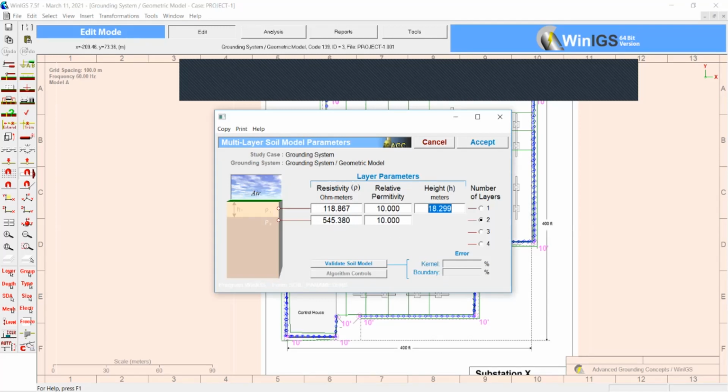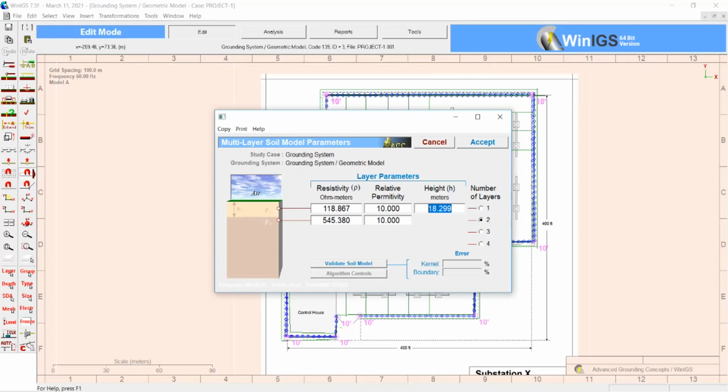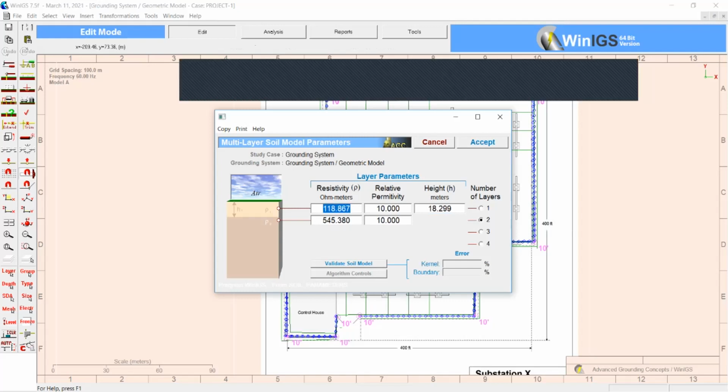In this window, all this area should be filled up with the data you just got by averaging your three different models. You have the average top layer resistivity, you put that here. You have the average bottom layer resistivity, put it here.